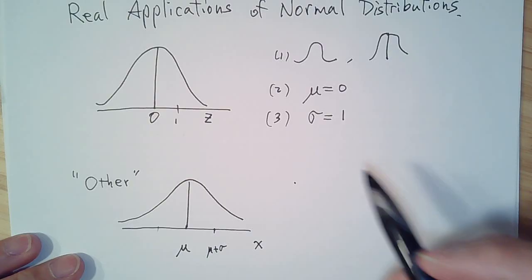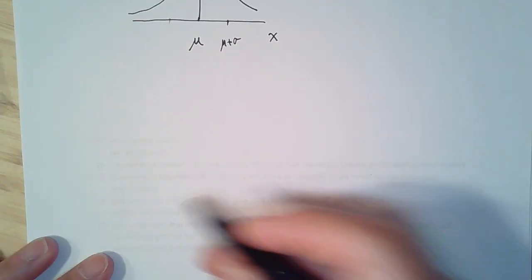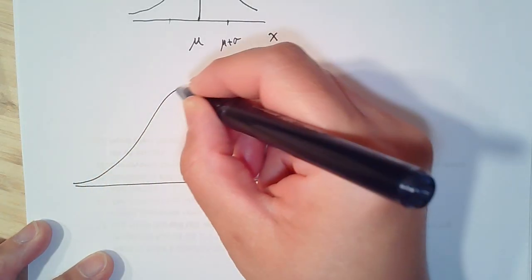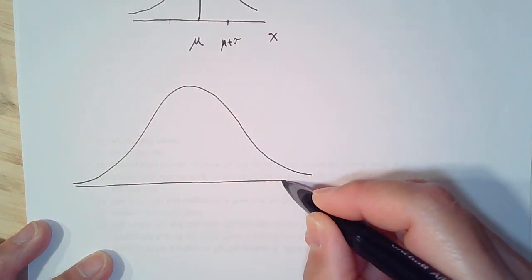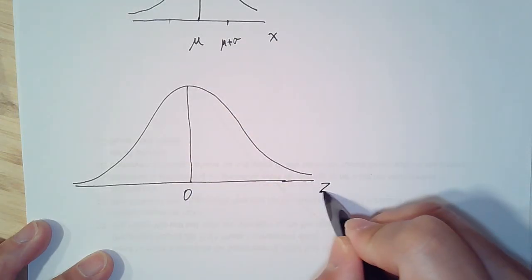I always ask you to do this: every time we deal with the normal distribution, just draw one curve and put a 0 and a z here.